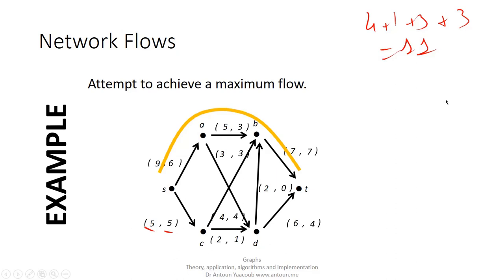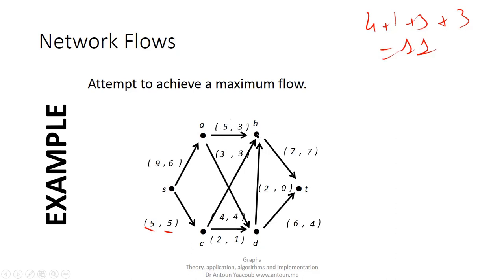So we need to check, is there any more paths that we can take in order to increase the flow. So as we can see, we have these 2 arcs which are saturated, so I can do nothing more. So this arc is saturated, so I can work on this arc. So this one is saturated, I have 5, 3, so I can pass 2.